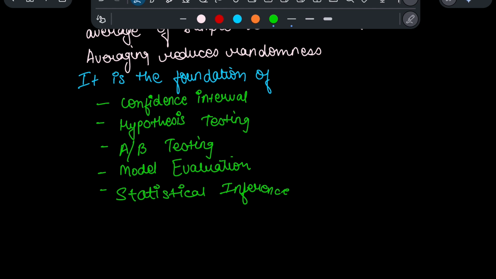Individual data can be messy, but averages behave predictably.